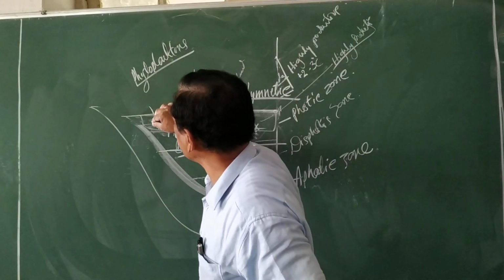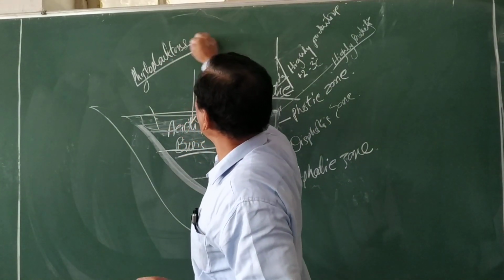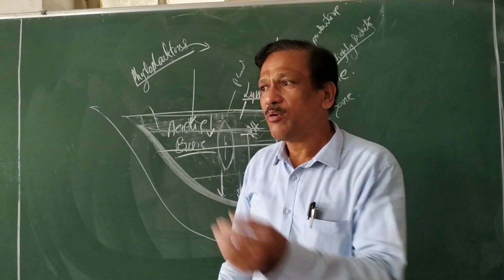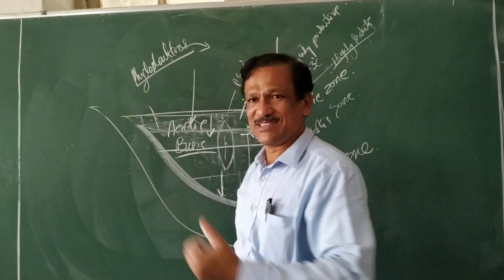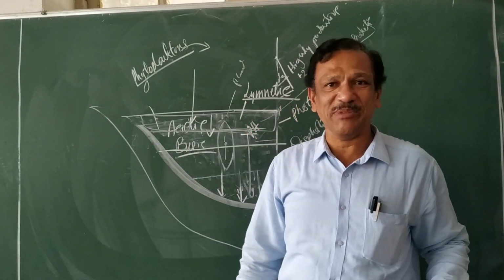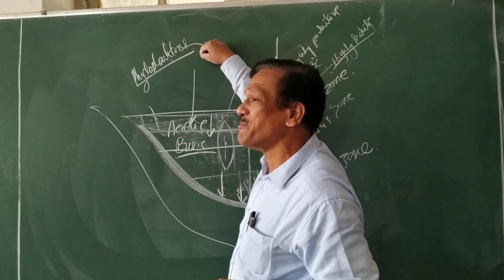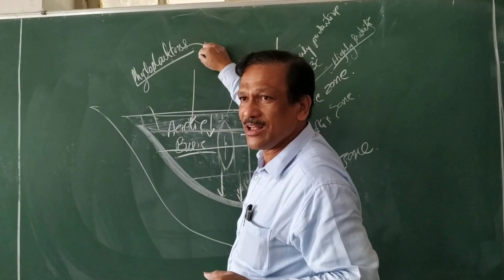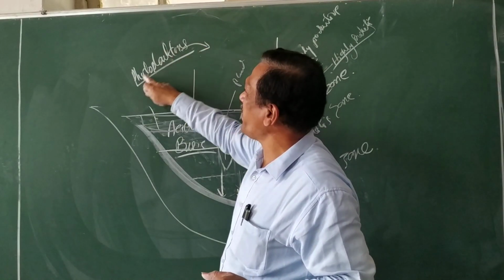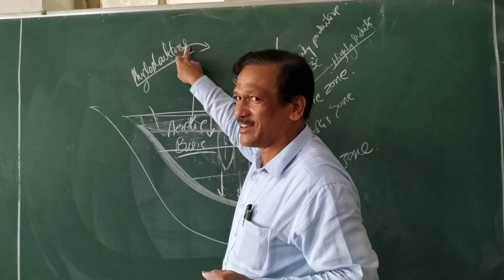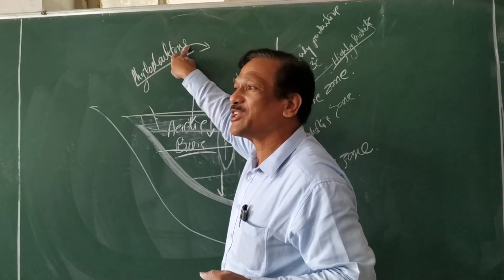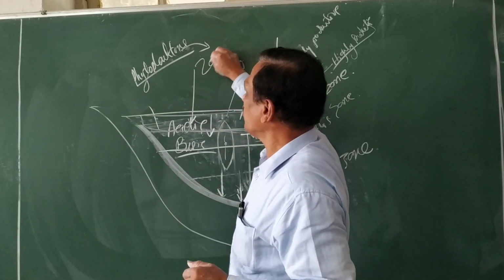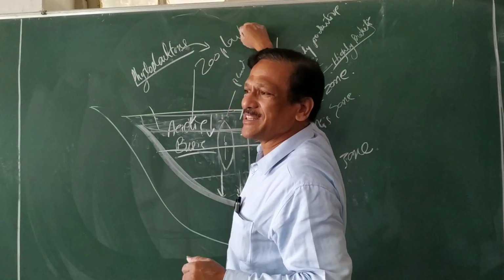And these phytoplanktons supply the food for microscopic animals. Microscopic plants are called by this name phytoplanktons, whereas microscopic animals which feed on these phytoplanktons are called simple zooplanktons.